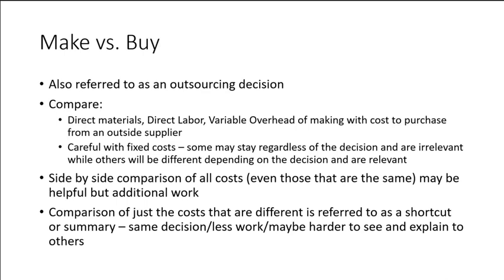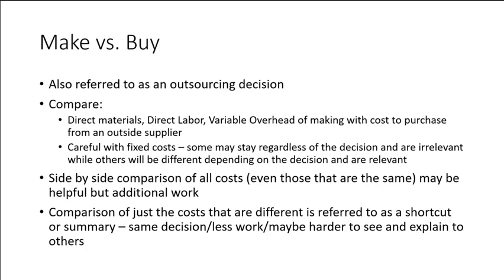So we're going to look at several examples and outline what is involved in these decisions. The first one, and probably the most common of the ones that we will talk about, is called make versus buy. You usually read about it in the newspaper as outsourcing.